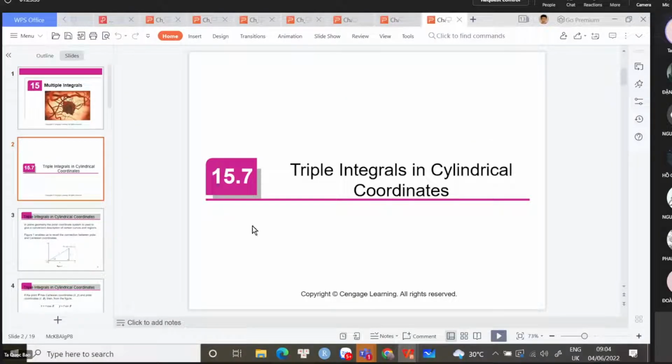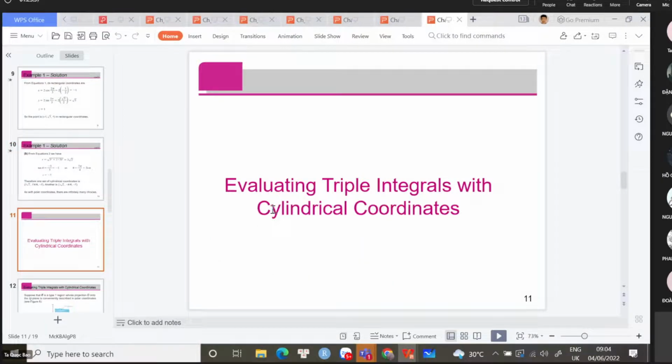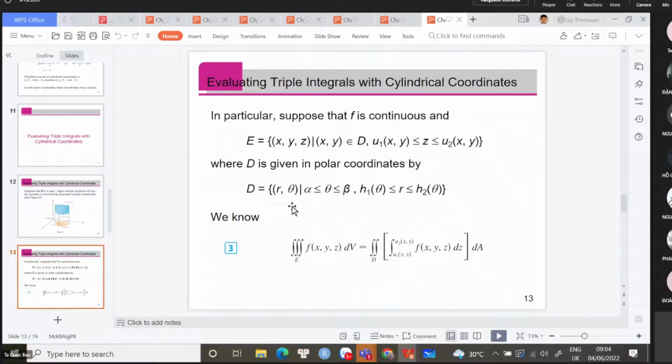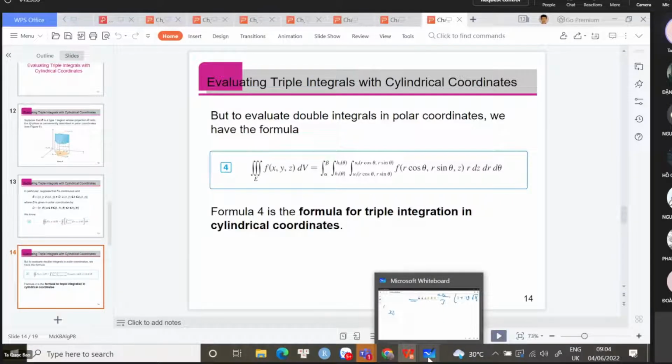Cylindrical coordinate here. So in this case, we have a triple integration like this. Okay, this formula.